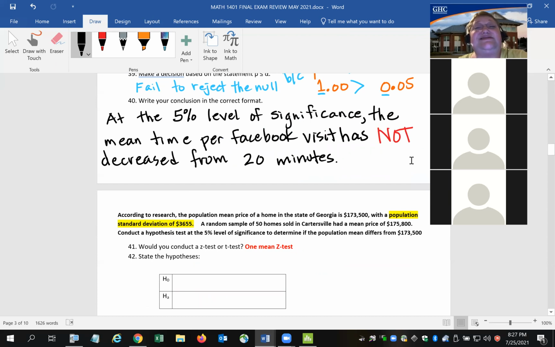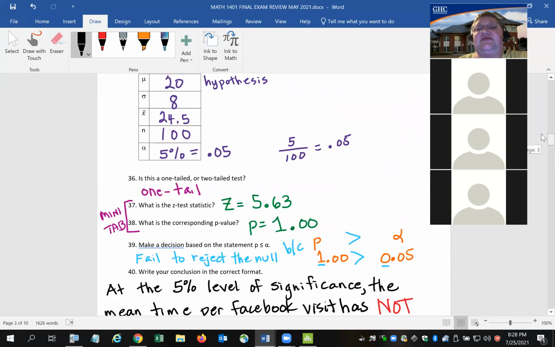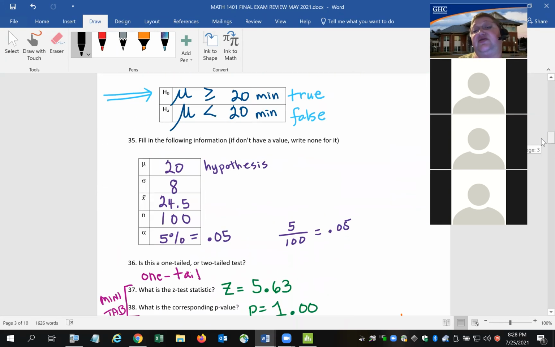And oftentimes that's the easiest way to write your conclusion, is to use the original hypothesis and word it in such a way, if you need to add a word like not, so that it is stated in terms of the true hypothesis.